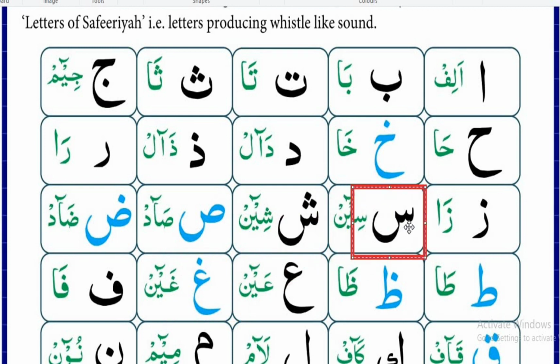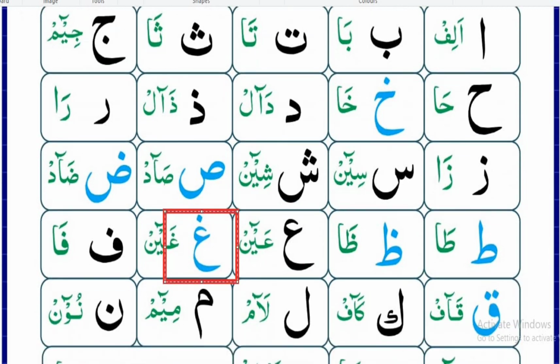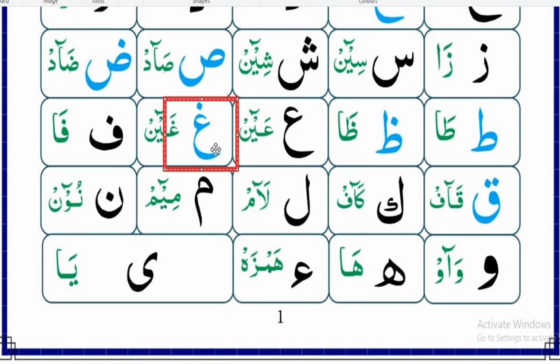Let's read all the letters one more time. That was seen, sheen, swad, dod, ta, za, ayn, ghain, and the next is fa, and this one, that's qaf.